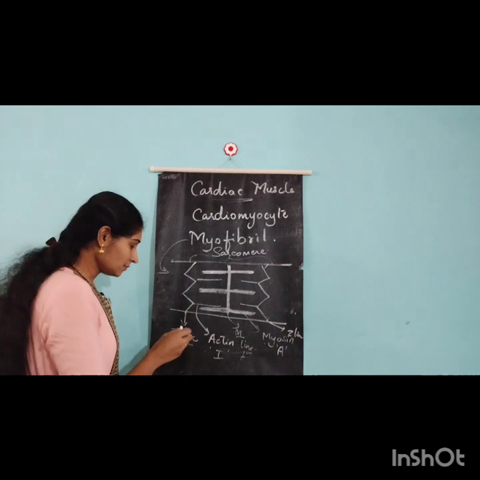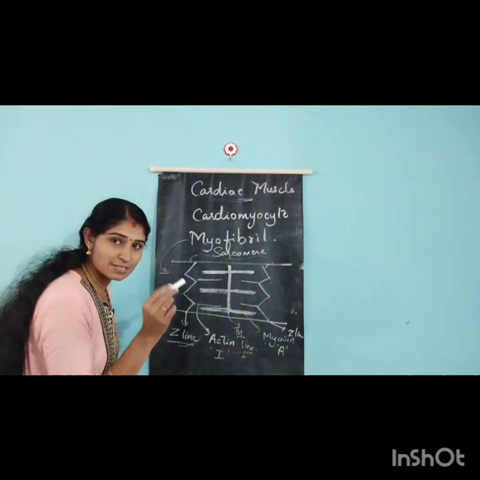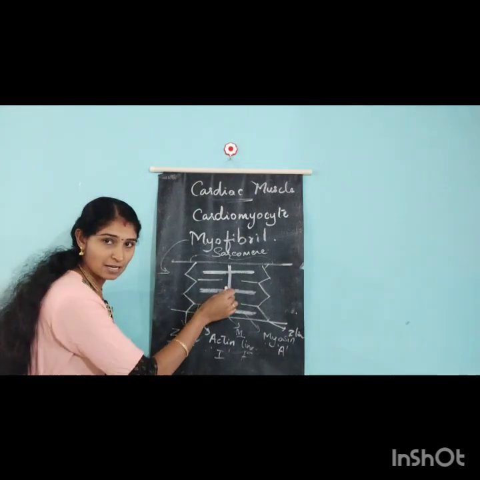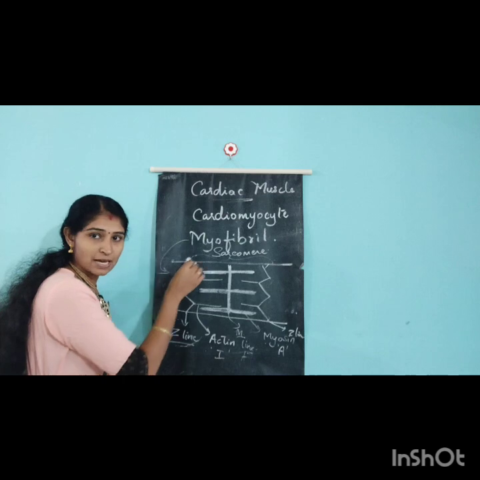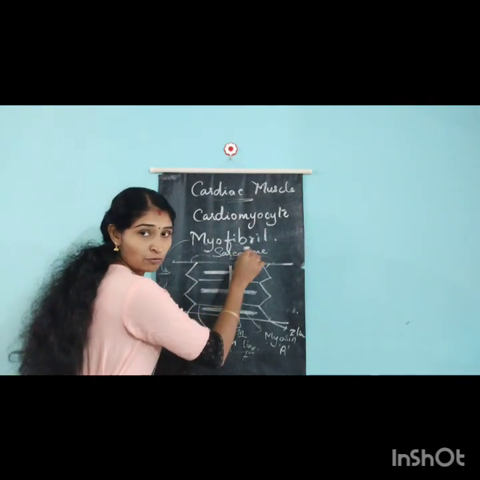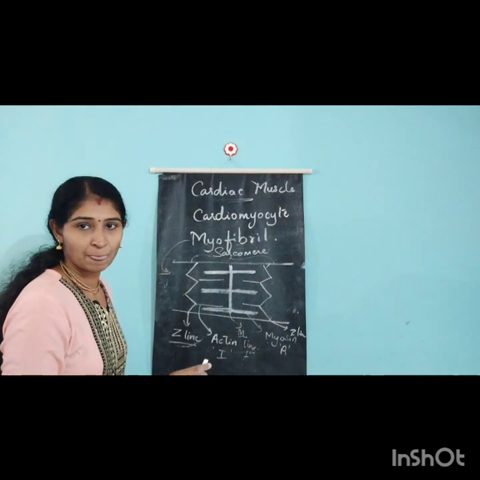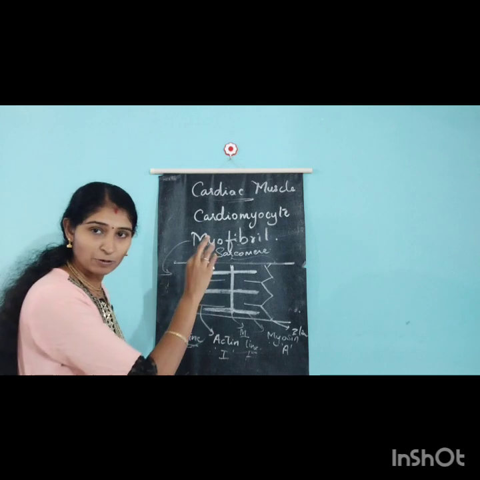Here the Z line is a crisscross line, and it separates one sarcomere from the other sarcomere, and these sarcomeres together form the myofibril. Getting my point? Many sarcomeres form myofibril.